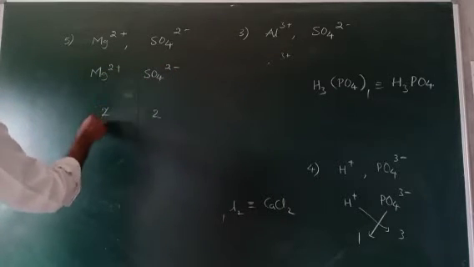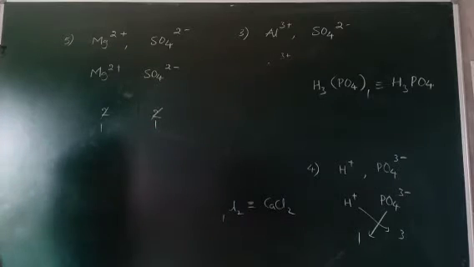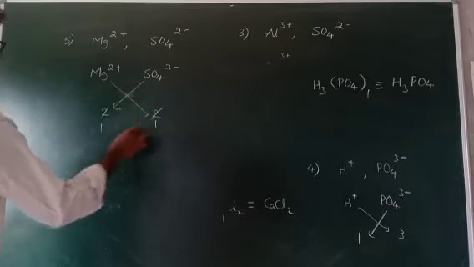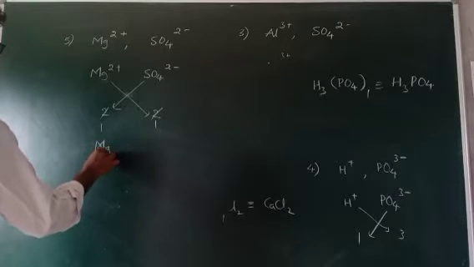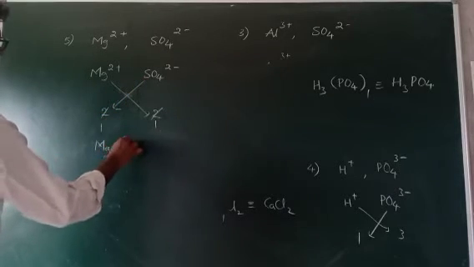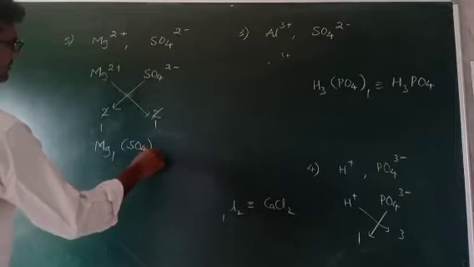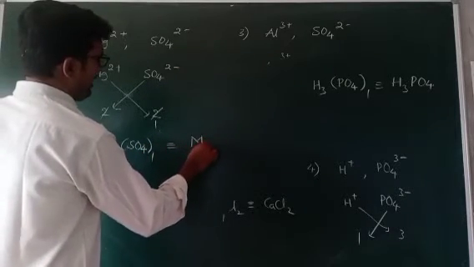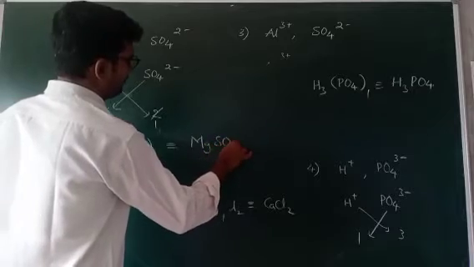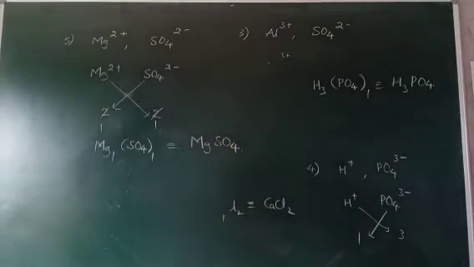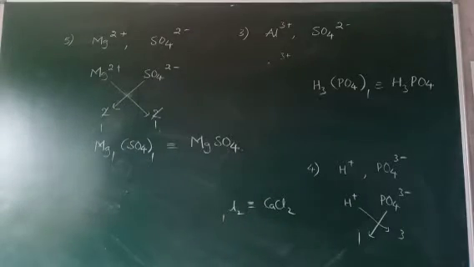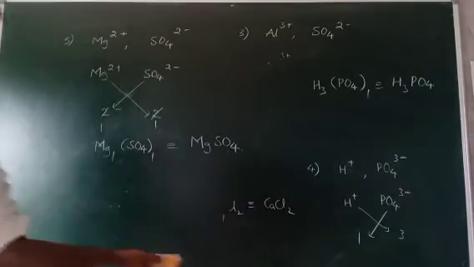The 2s are common, so cancel. Then Mg1, SO4 also 1. This is simply MgSO4, magnesium sulfate. The crisscross method is completed. Okay?